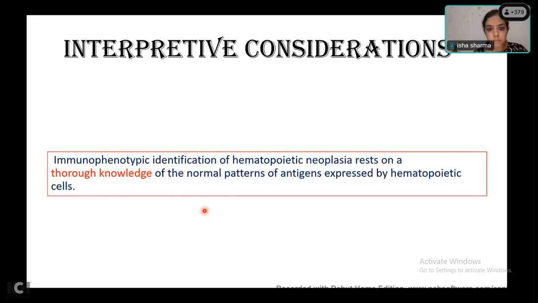So immunophenotypic identification of hematopoietic neoplasm needs a thorough knowledge of the normal pattern. Only then are you going to comment that this should not be there at this stage. Only then will you say that this is abnormal because it is not present, or it is abnormally present, in this blast population or this particular population. Then this antigenic abnormality will tell you whether the population is normal or abnormal.